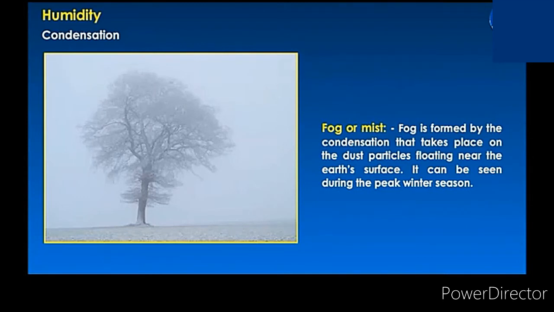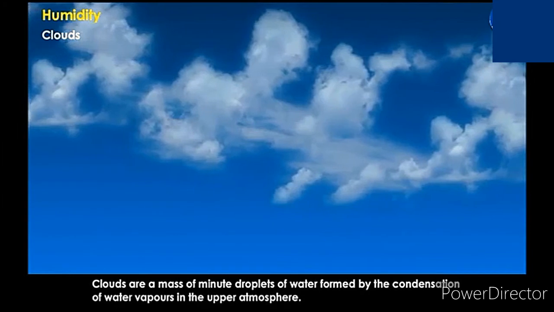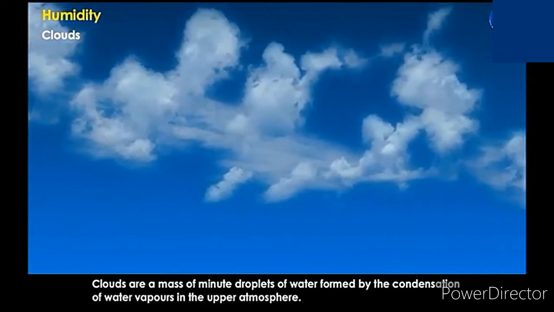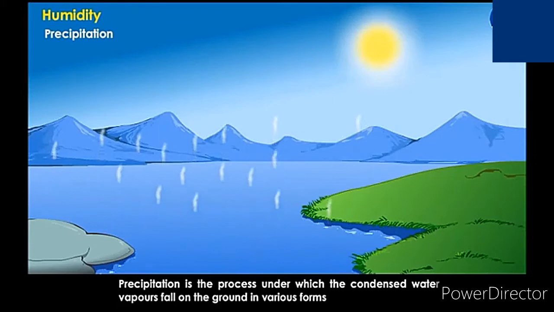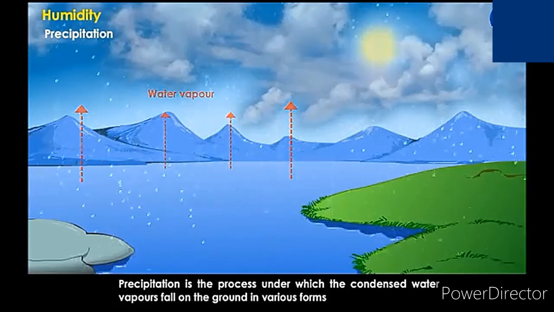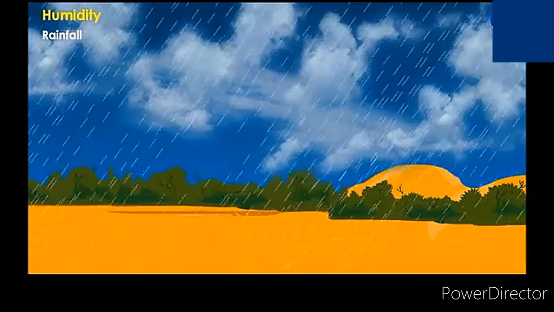It can be seen during the peak winter season. Clouds. Clouds are a mass of minute droplets of water formed by the condensation of water vapors in the upper atmosphere. See precipitation. It is a process under which the condensed water vapor falls on the ground in various forms such as rain, snow, sleet, and hail.